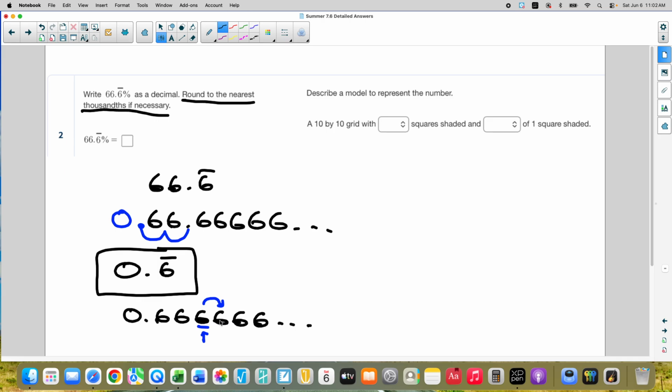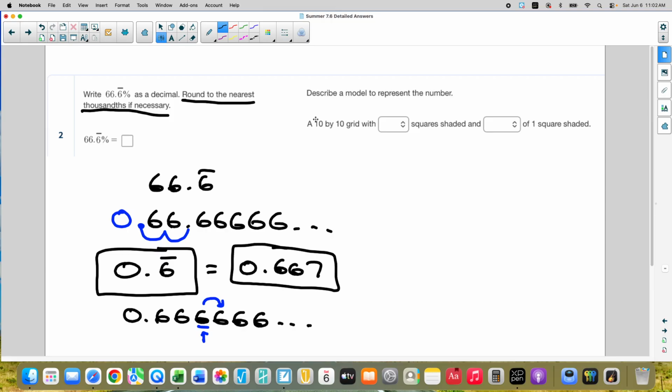Now, because this number is 5 or more, we're going to round this thousandths place up to 7. So the other answer that I would assume that you might see is 0.667. That would be, I guess, the answer that they would look for.